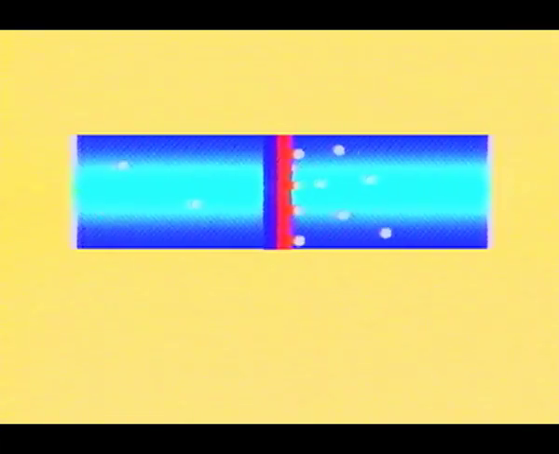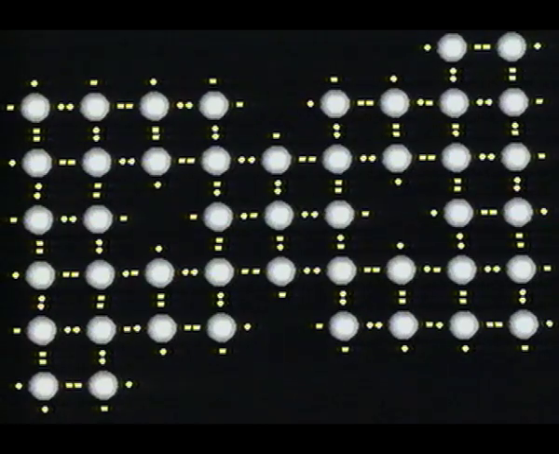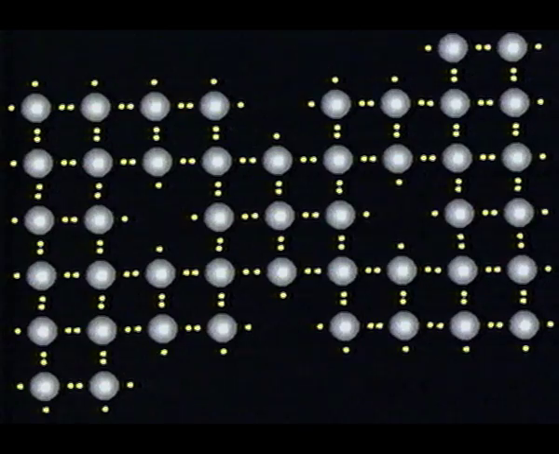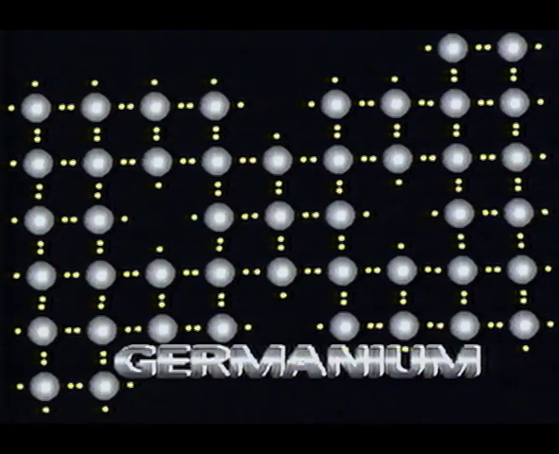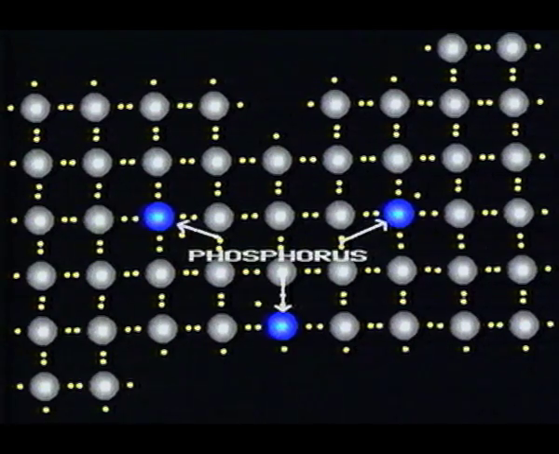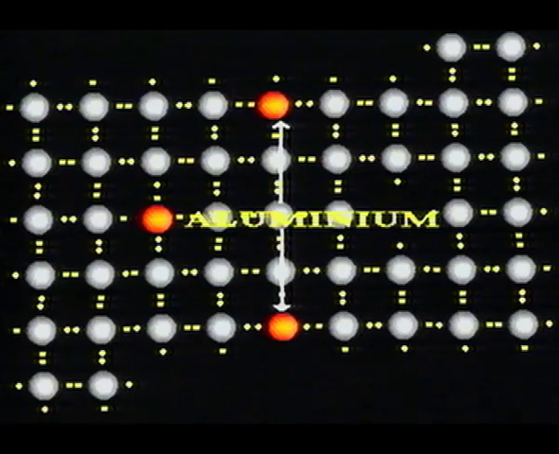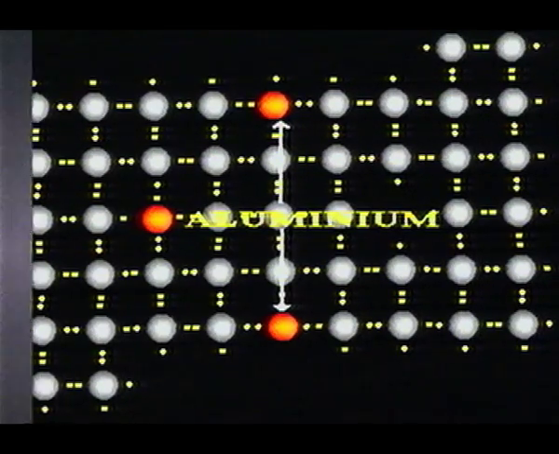What is the semiconductor diode? A semiconductor diode is made up of a semiconductor metal like silicon or germanium, which are doped with some other elements like phosphorus or aluminum. There are two kinds of semiconductors, N-type and P-type.